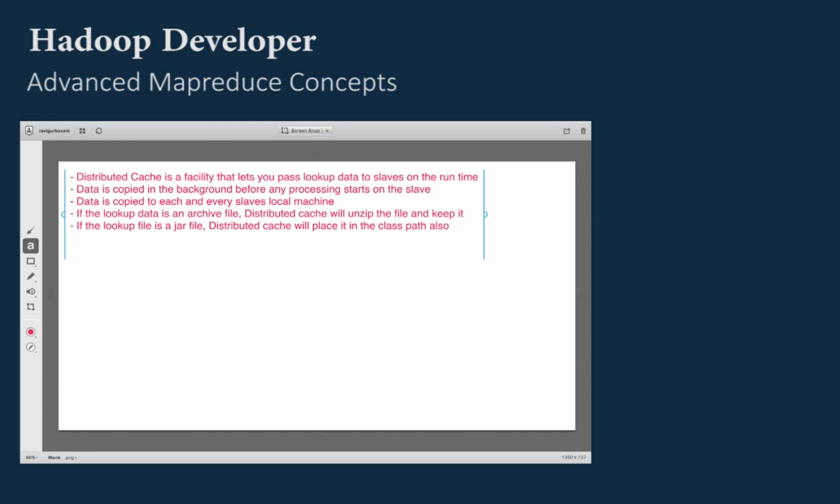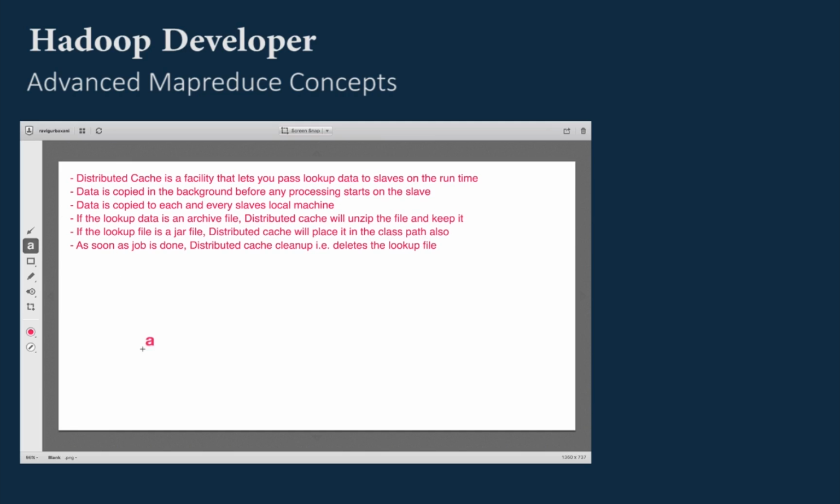It's a facility that passes the lookup data to the slave machines, and the biggest benefit is distributed cache cleans up, that is, deletes the lookup data. That gives you facility to have a different lookup file on every execution.